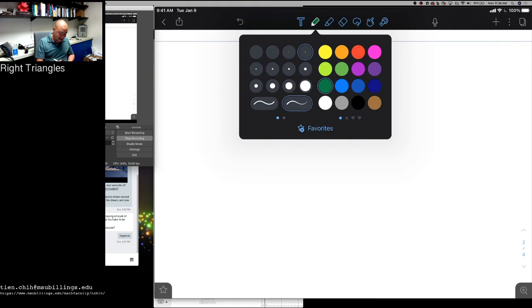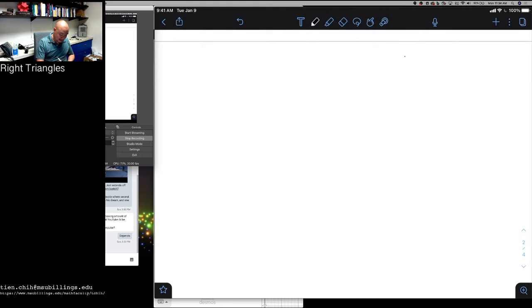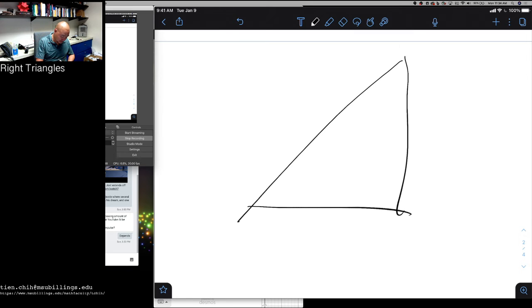So let's not tiptoe around the general case. Let's look at what happens when you have a general right triangle with some hypotenuse r, a height h, and a base b.